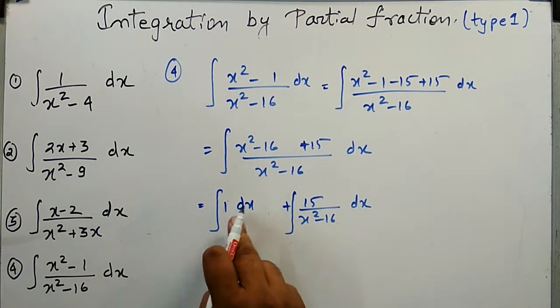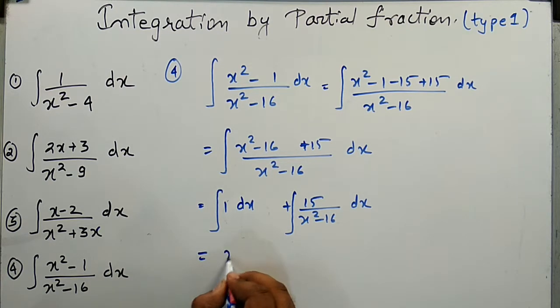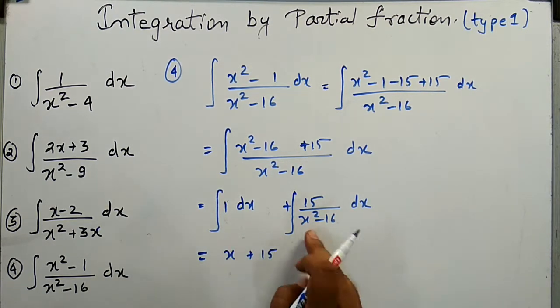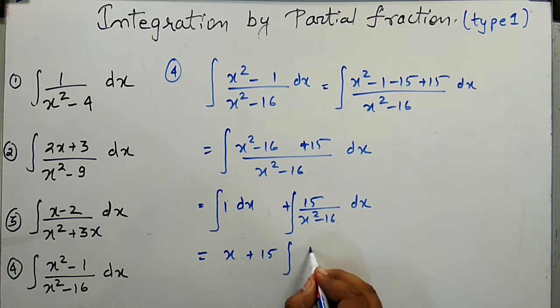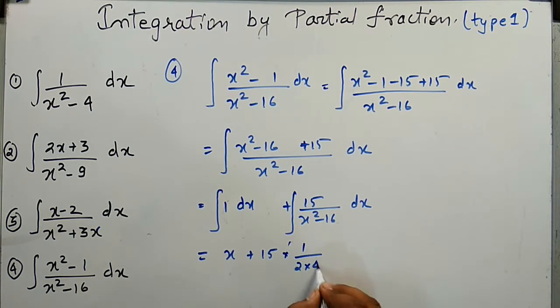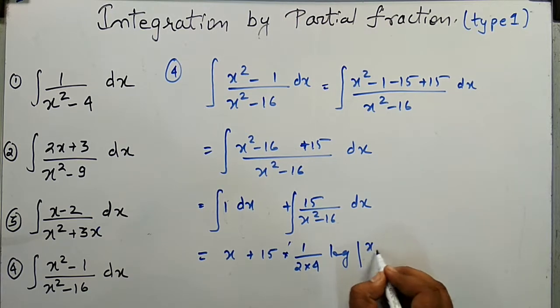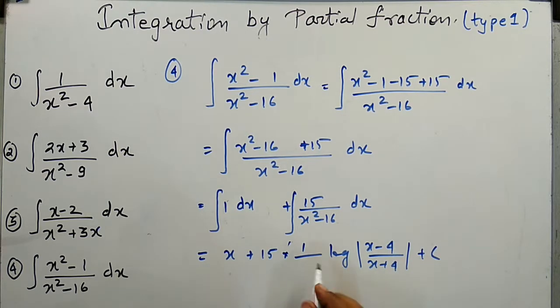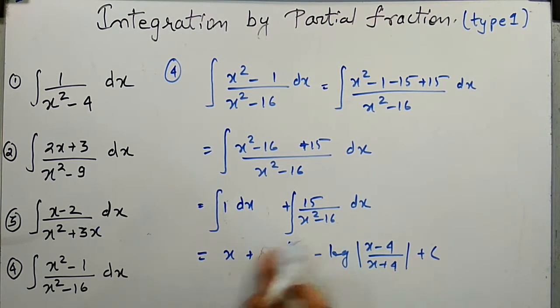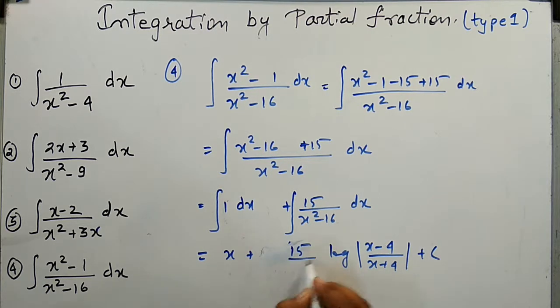So the integration of dx is equal to x, and the integration of this function, this can be written as 1 by x square minus 4 square dx, and the integration of this would be 1 by 2 into 4 into log of mod x minus 4 by x plus 4 plus c. 2 into 4 is 8, and 15 into 1 by 8, you can write this as 15 by 8.